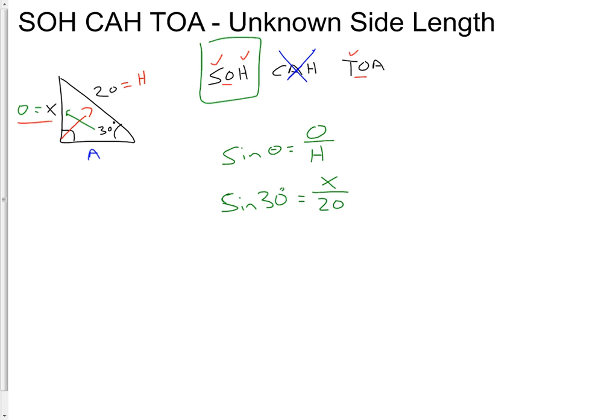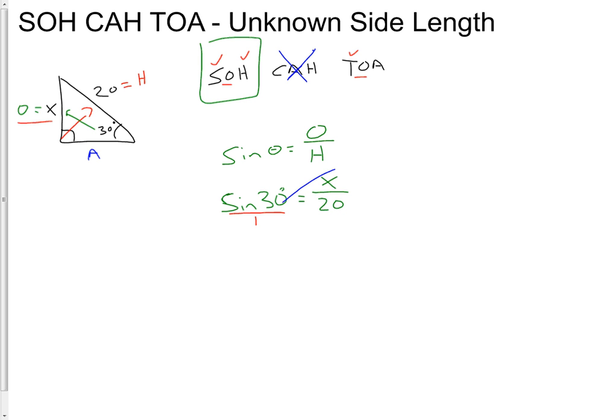Bear in mind that any number can be written as a fraction, and sine 30 is no different. So I'm going to write this as a fraction over 1. Now I just have a simple proportion. In order to solve the ratio, you need to do cross multiplying.